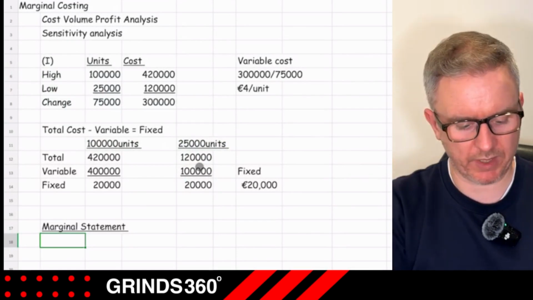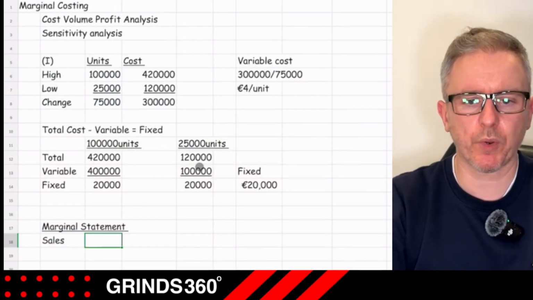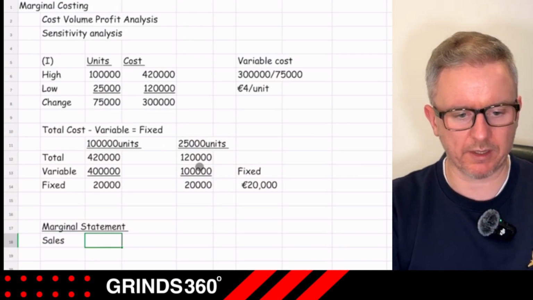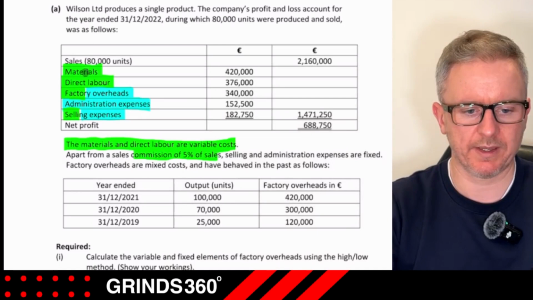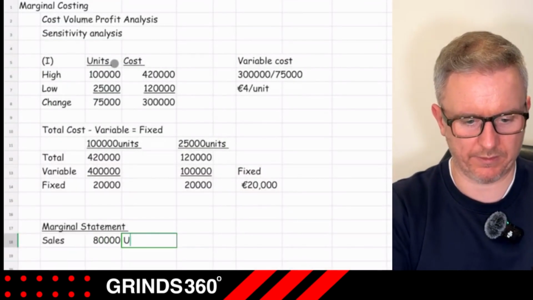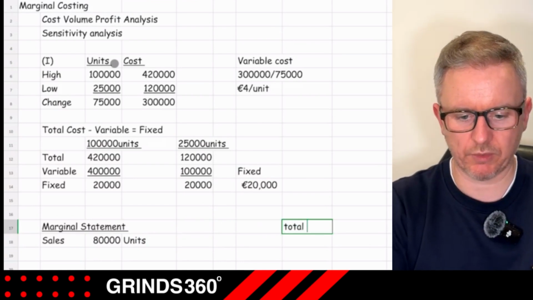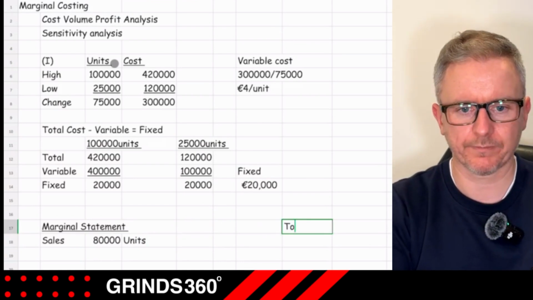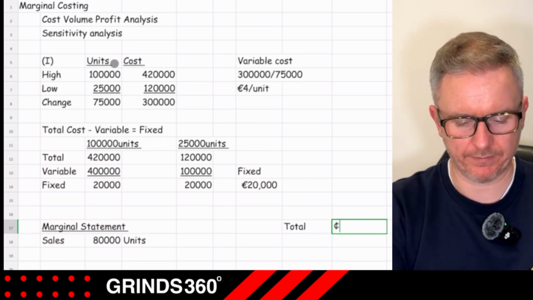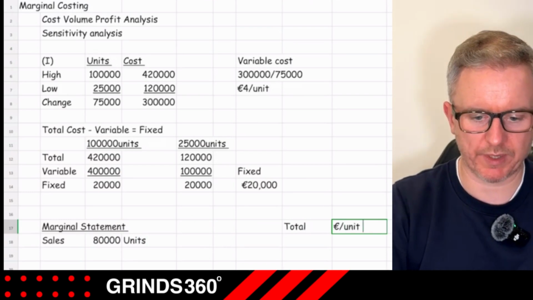So we start off and we have our sales. Every time you do this, you're going to put in the number of units here, and that's really important. From your question, it's 80,000 units, so always have it there. Then we look at our total column and we have a per unit basis, a euro per unit basis here.